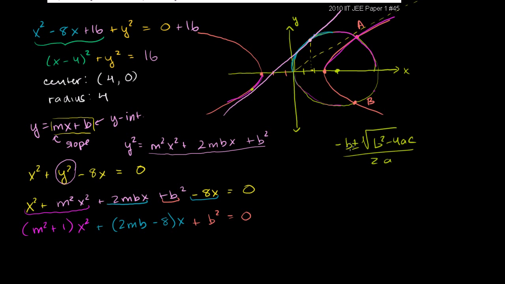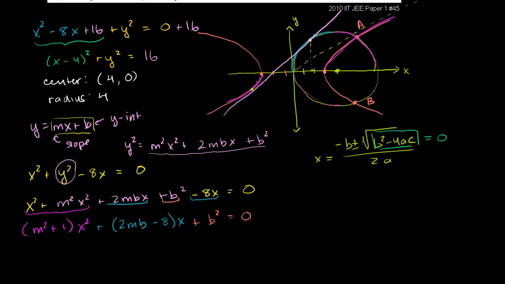And don't get this b confused with the y-intercept b. This is just the b from the quadratic formula. This will only have one solution if the part under the square root is equal to 0, because then you're just adding and subtracting 0, so you're only going to get one solution.